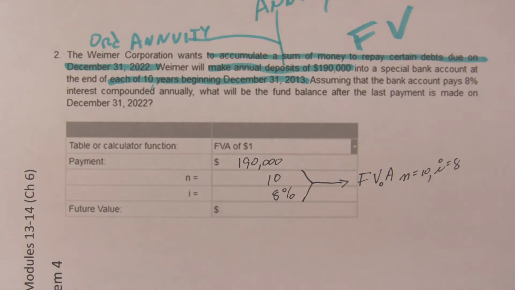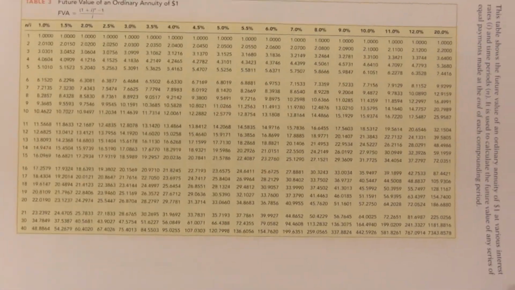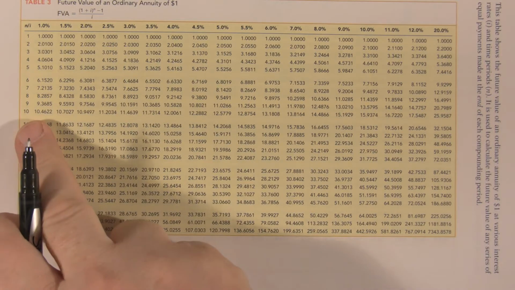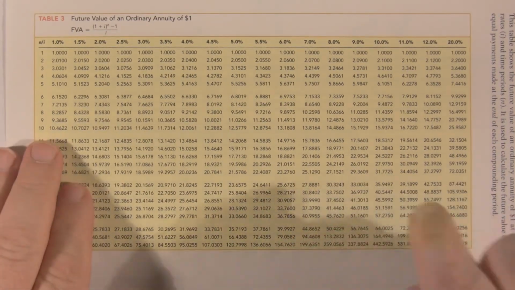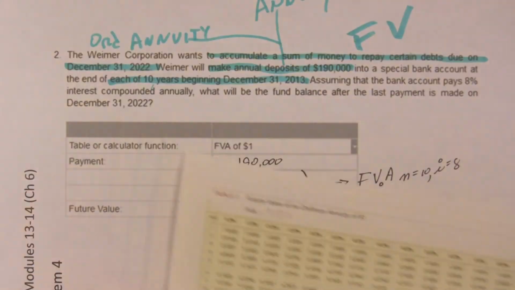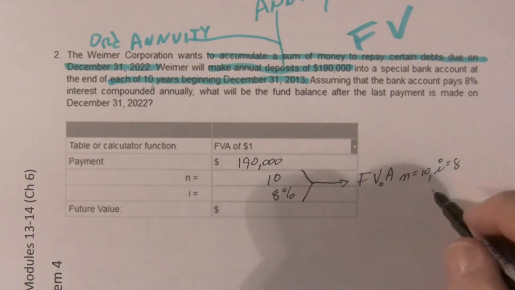If you go look at our table, future value, ordinary annuity, N equals 10, I equals 8, we come up with 14.4866. So that's what we need.